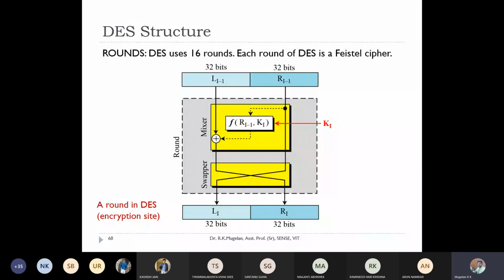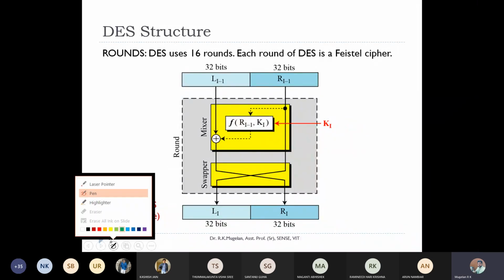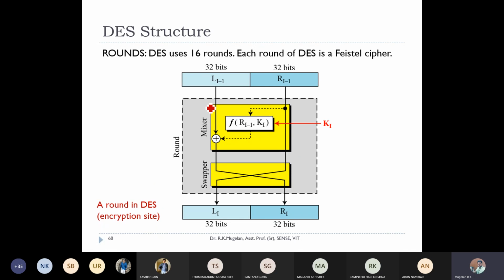Right. Now, if you move on to the round structure, how the round structure of our DES algorithm looks is the same round structure which we just finalized in the Feistel cipher. That is, you have a left half and a right half. Since the DES algorithm uses 16 rounds, each takes an input of 64-bit plain text.